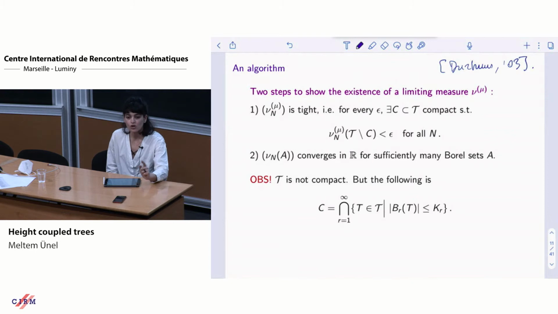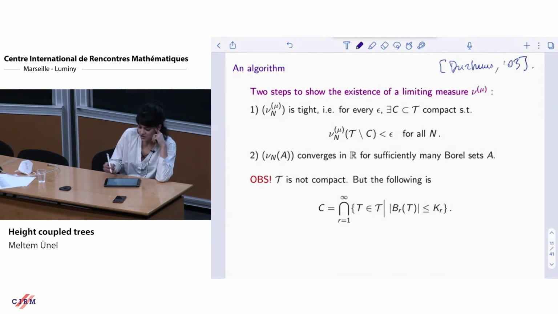Once I show the tightness, this guarantees the existence of convergent subsequences. Then I just have to show that the limit of the subsequences is unique, independent of the subsequence. Then I have the existence of a limiting probability measure.